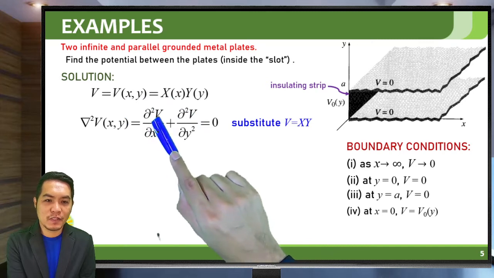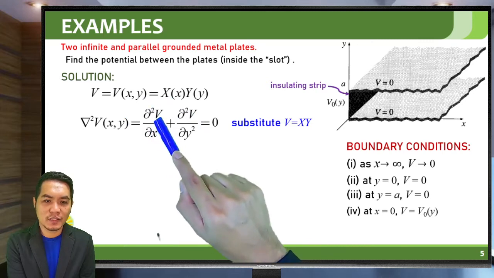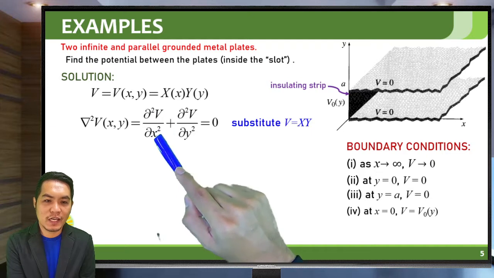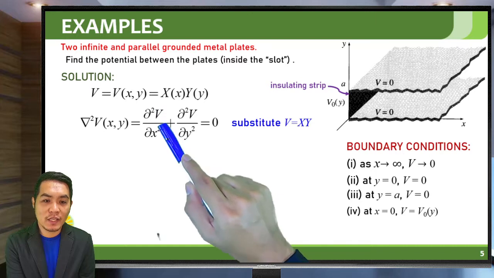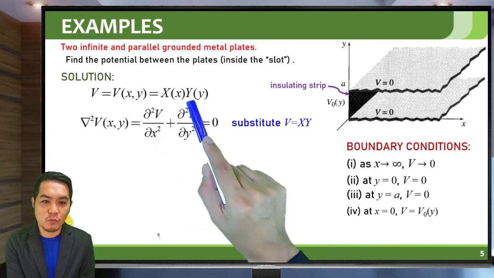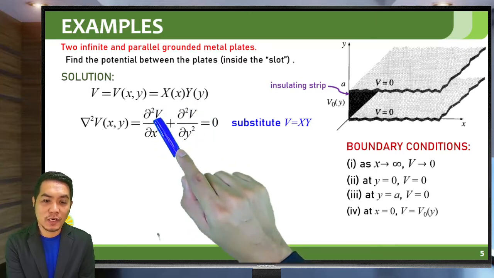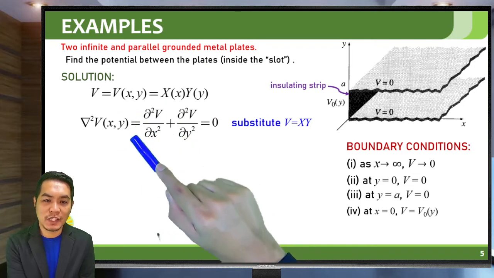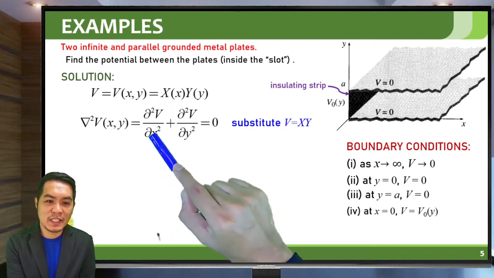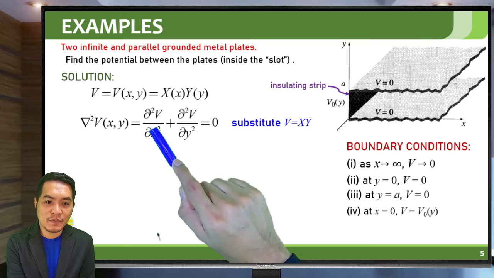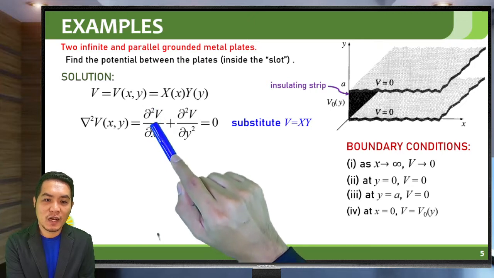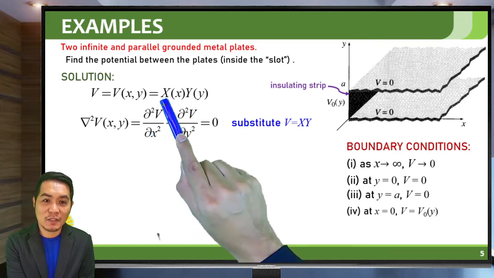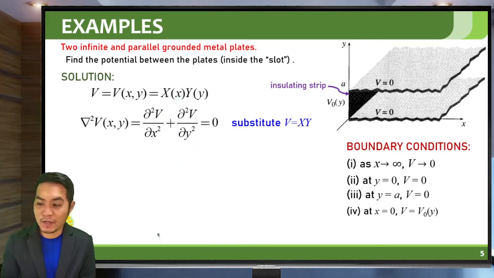Upon substituting, since in the first term, for example, Y does not depend on x because Y is only a function of y, you can take Y out of the differentiation, and the partial differentiation becomes a total differentiation because you are now only differentiating the function X, which is only a function of one variable x.